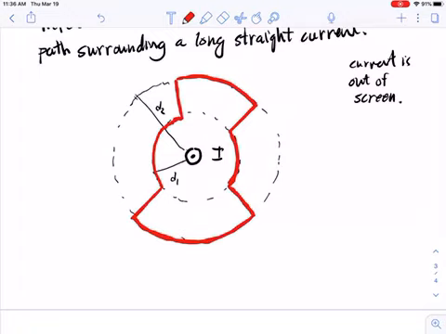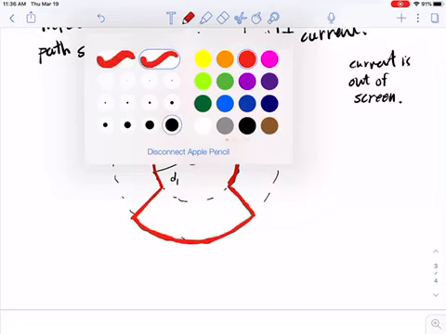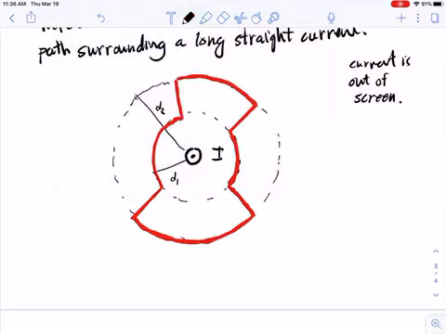Okay, good. And so if we were to draw the magnetic field at different points along this path, we would say, okay, the current's coming out of the screen, so over here by the right-hand rule, the magnetic field is tangent to the big circle, and it's in this direction.